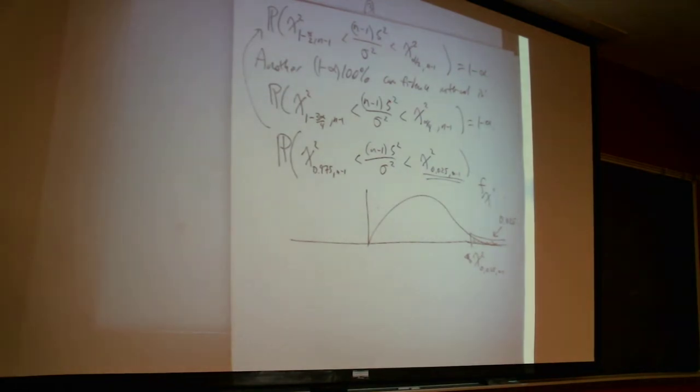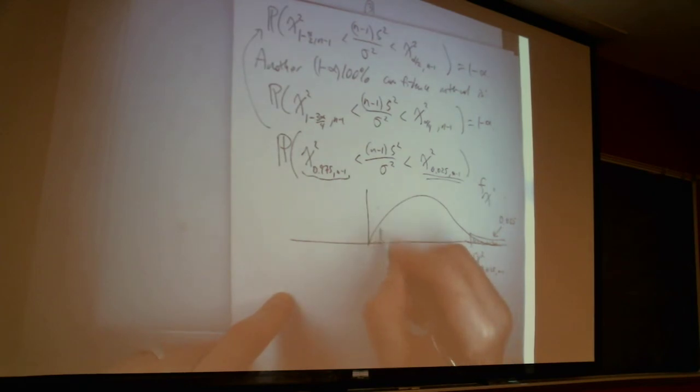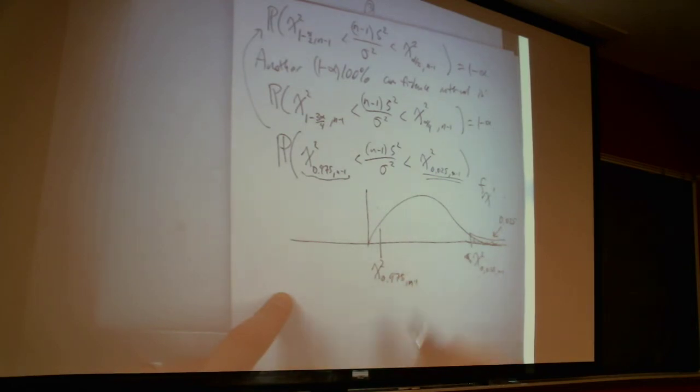Now, what is this saying? This is some number. Let's call this number chi-squared 0.975 with n minus 1 degrees of freedom. I want some number so that this whole mass has mass 0.975.